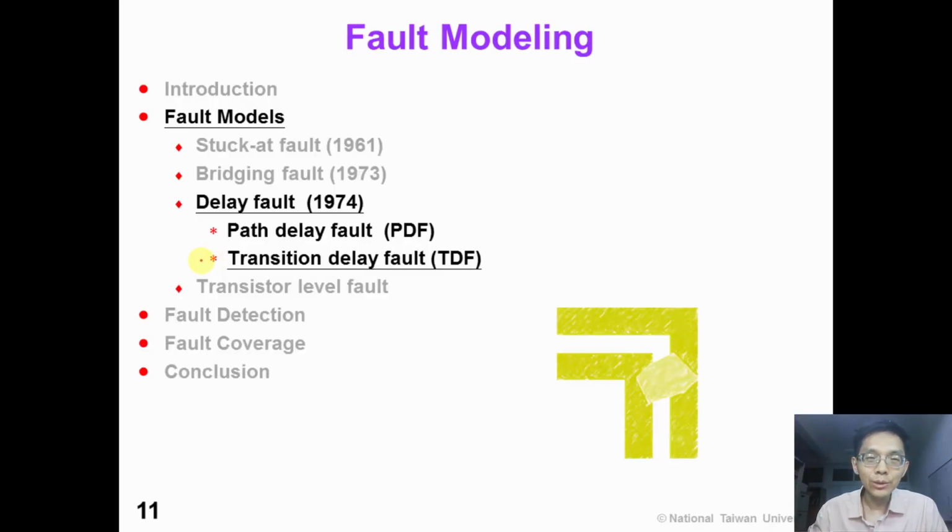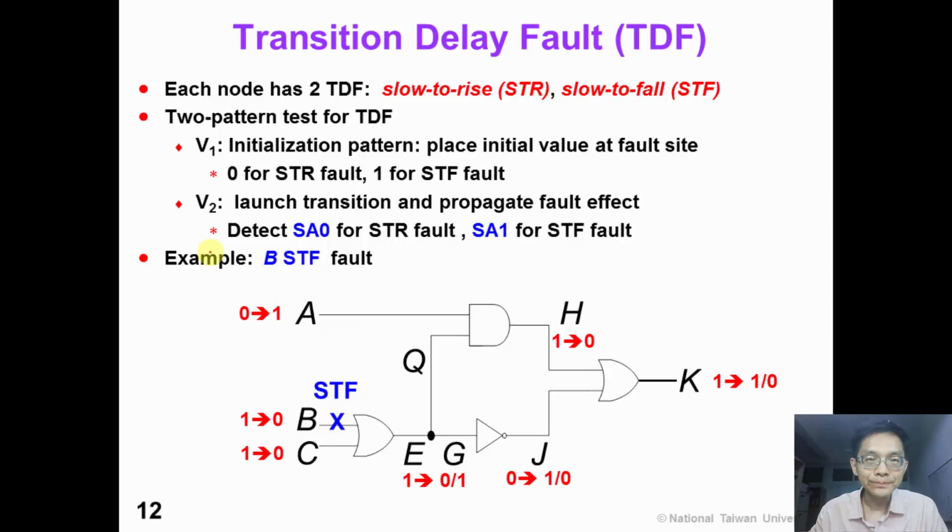Now let's move on to the second DelayFault model, the transition DelayFault model. In a transition DelayFault model, each node has two transition delay faults. They are slow to rise, STR, and slow to fall, STF. To detect a transition fault, we still need a pair of two patterns.